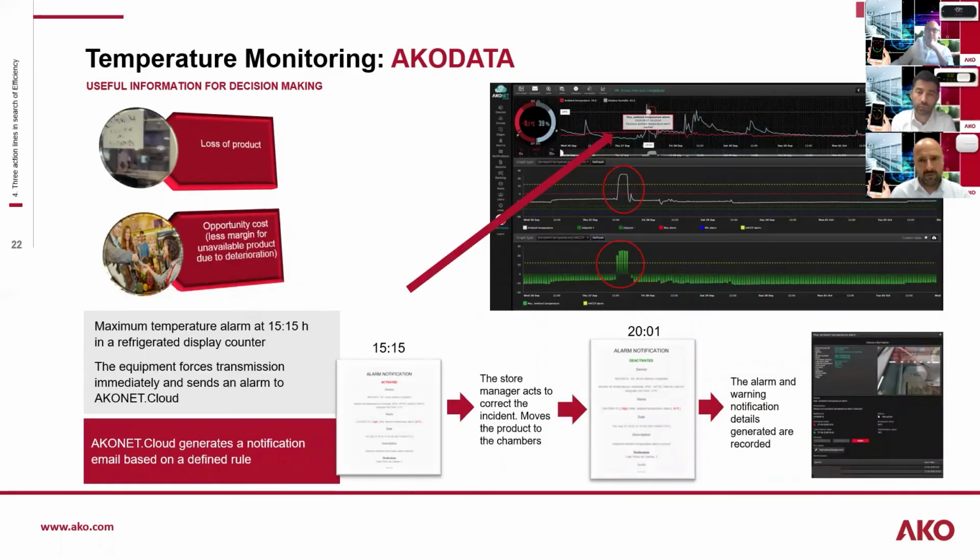And another example could be on the side of alarms, events, and notifications, because these devices are constantly tracking and registering temperature. I can decide when a specific event needs to be notified to the people in charge of these facilities.